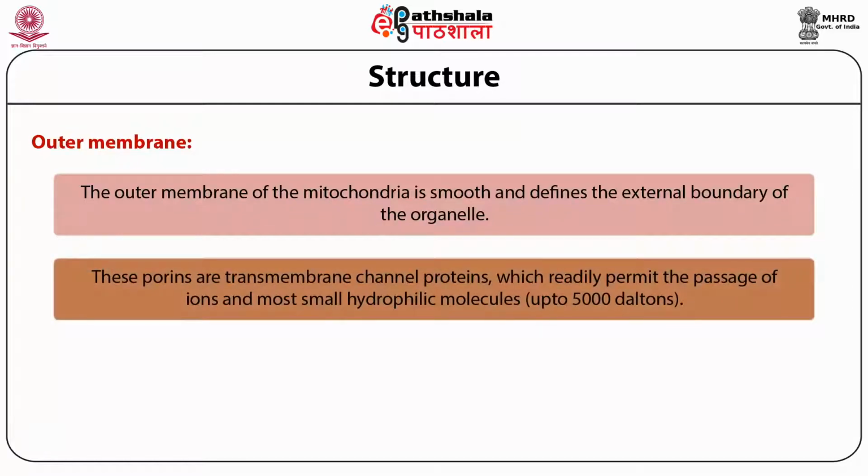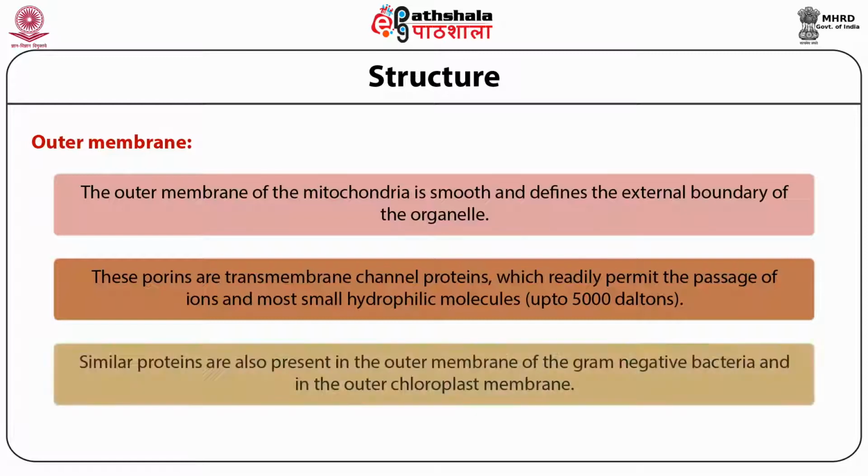These porins are transmembrane channel proteins which readily permit the passage of ions and most small hydrophilic molecules up to a size of 5,000 Daltons. Similar proteins are also present in the outer membrane of gram-negative bacteria and in the outer chloroplast membrane.